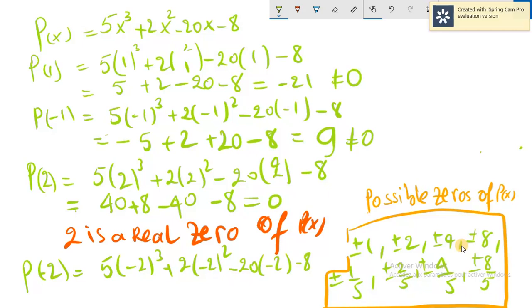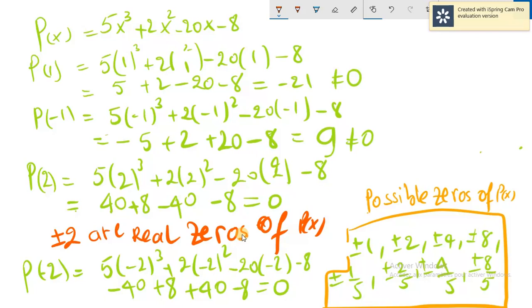So what I get here is negative 40, plus 8, plus 40, and minus 8, which is equal to 0. So negative 2 is a real zero also of p(x). So plus and minus 2 are real zeros of p(x). This is exactly how you find the real zeros of p(x).